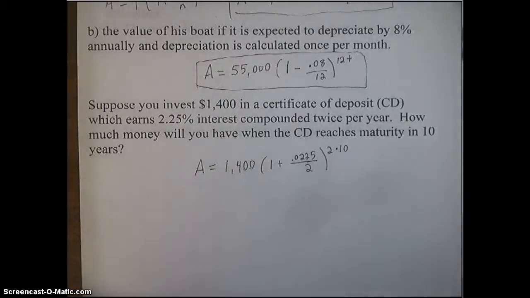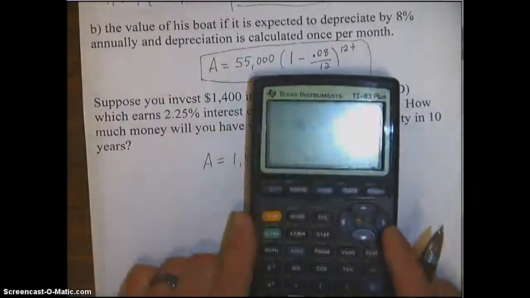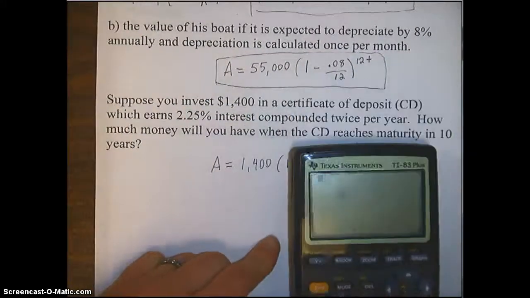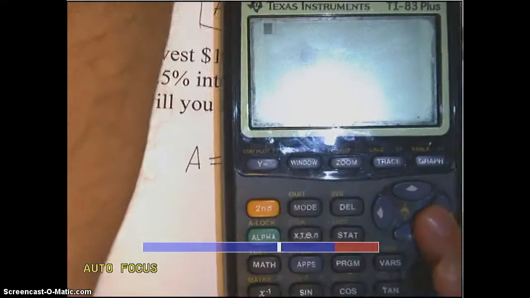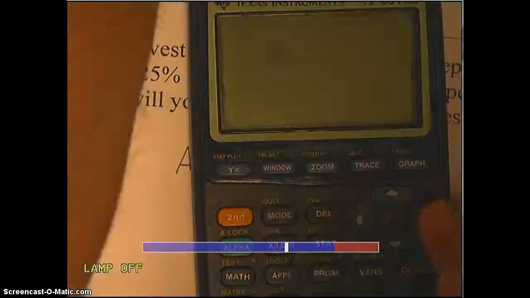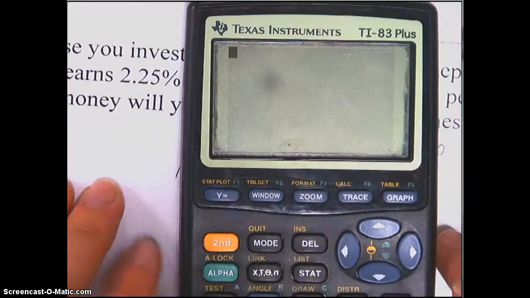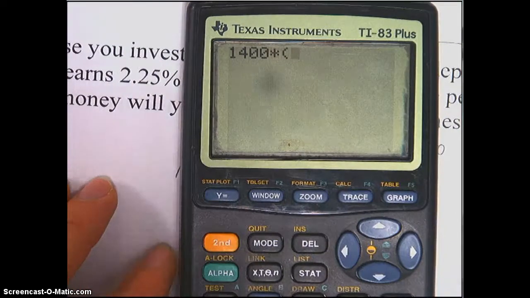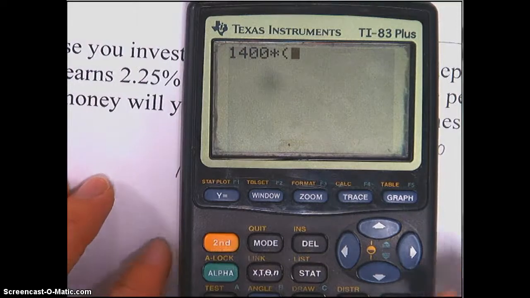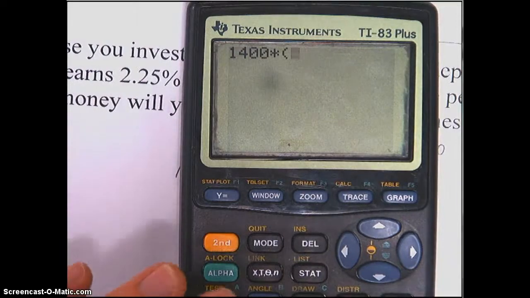So at this point, it's calculator work, and let me show you how to type all this into the calculator. Let's start with the 1,400 times, and now we've got some parentheses here. I'm going to use just one parentheses for now, but I'm going to use another one in a moment.